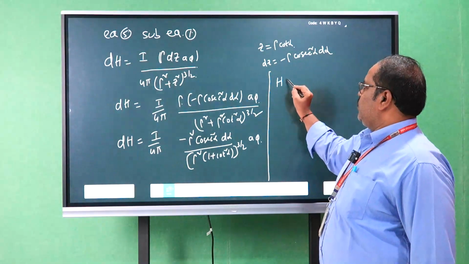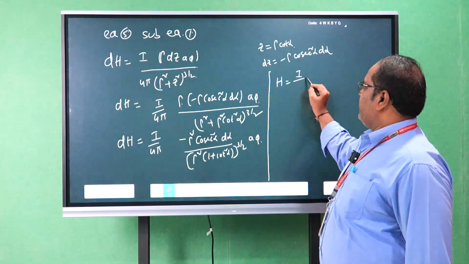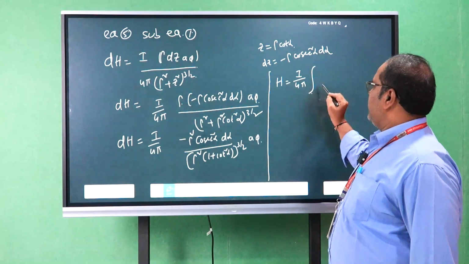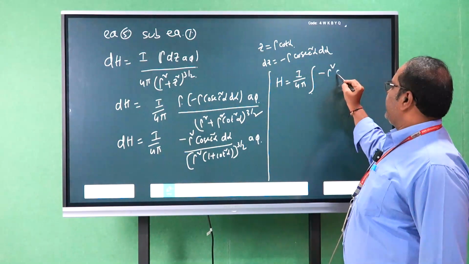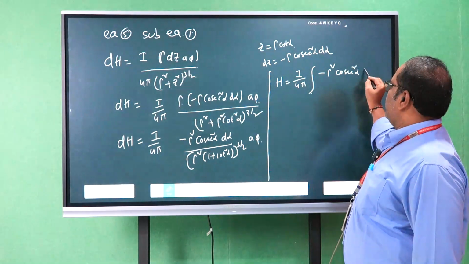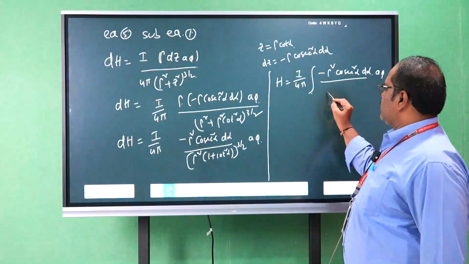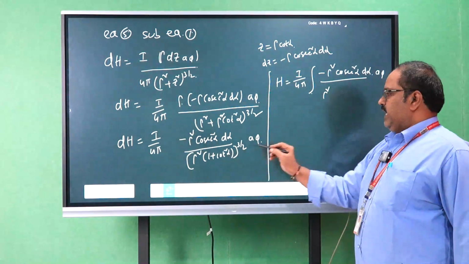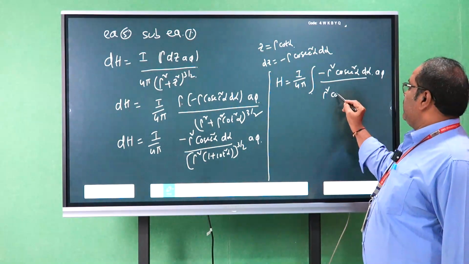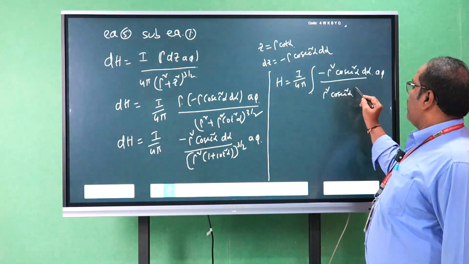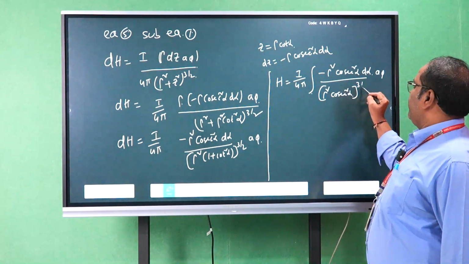Therefore, H is equal to the integral of I by 4 pi, integral of minus rho square cosecant square alpha d alpha a phi, by, with rho square common in the denominator, rho square cosecant square alpha whole power 3 by 2.